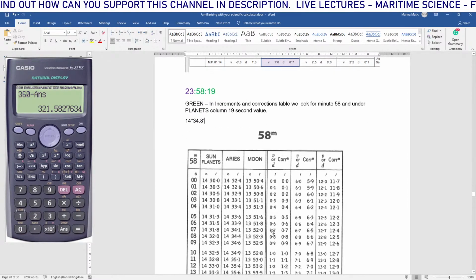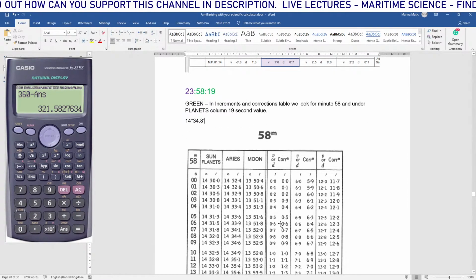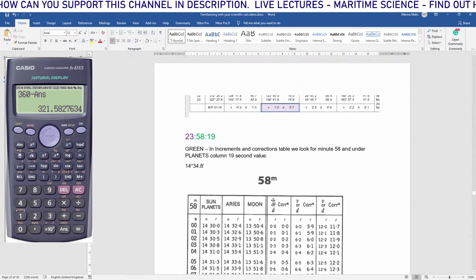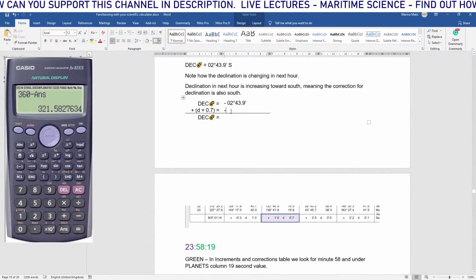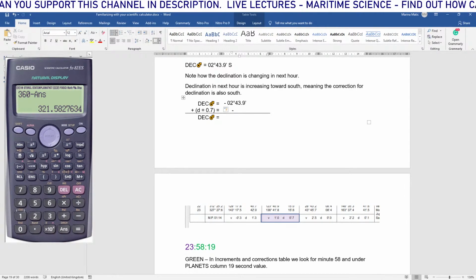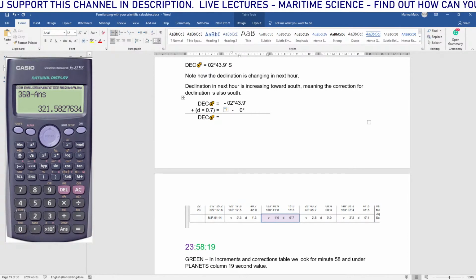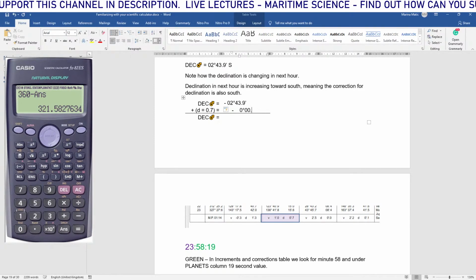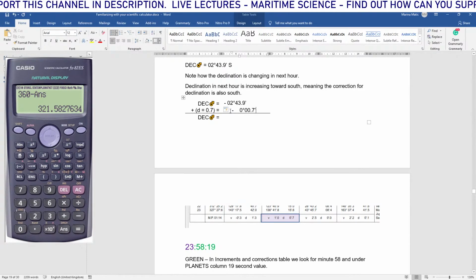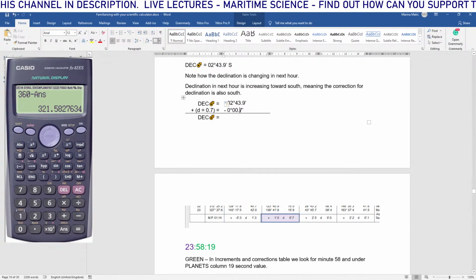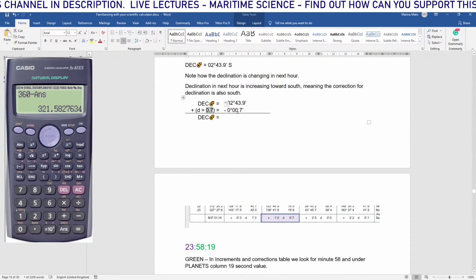So for 0.7, correction is 0.7. You see here, for 0.7, correction is 0.7. So that is the value I put here. This is just by coincidence that the D value is the same as correction. It's not going to be always the same, so keep in mind, it's not this number copied here. You use this number to get the correction.